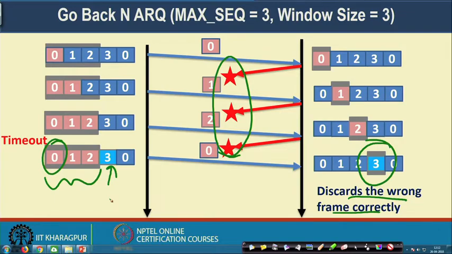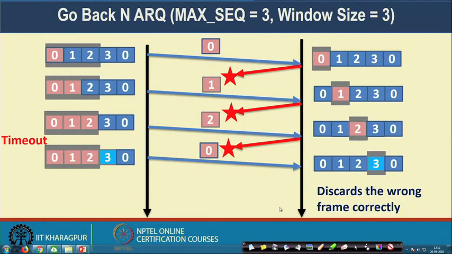So, you can see in this example that with maximum sequence as 3 and window size as 3, we will be able to correctly find out whether a retransmission is a duplicate one, a delayed duplicate or a new one. Here the receiver is expecting frame 3, and because of the retransmission of frames 0 and 2, the receiver will be able to correctly decode that, which was not possible in the earlier case that we have looked into.